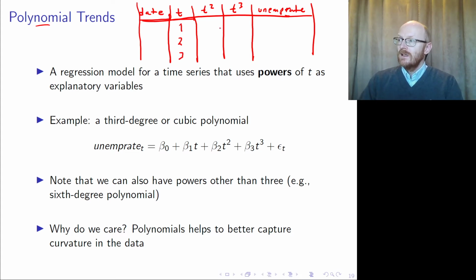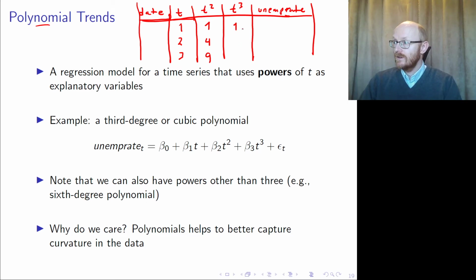So for example, t is just the counting variable that we made some slides ago, and t squared is just t squared, right? So this is 1, this is 4, this is 9, okay? And t cubed is just, well, t cubed.